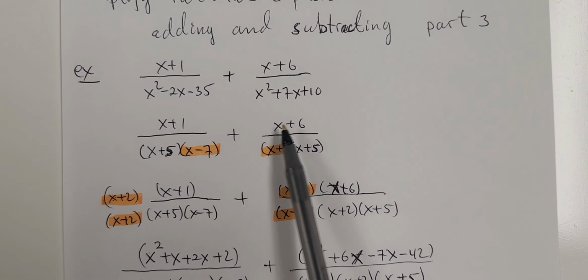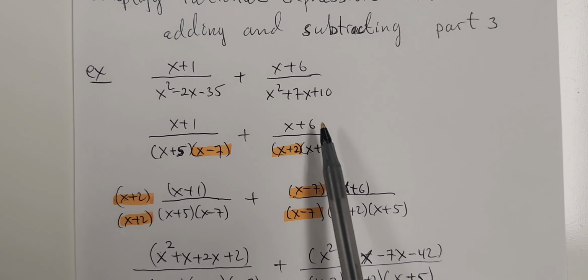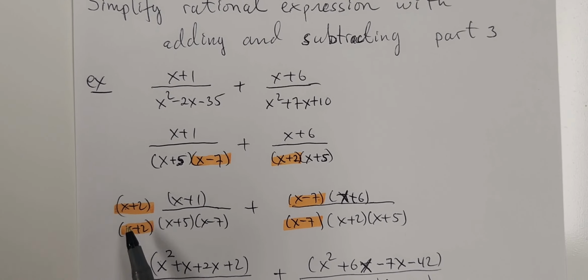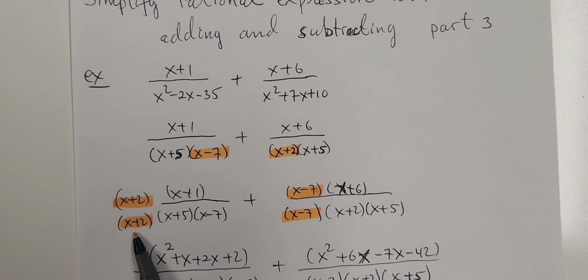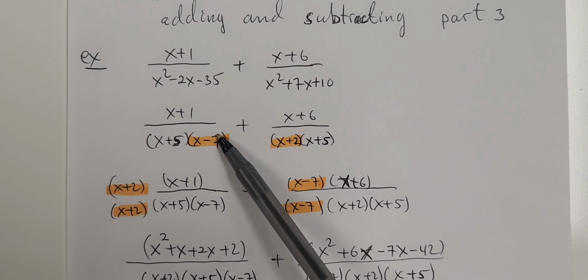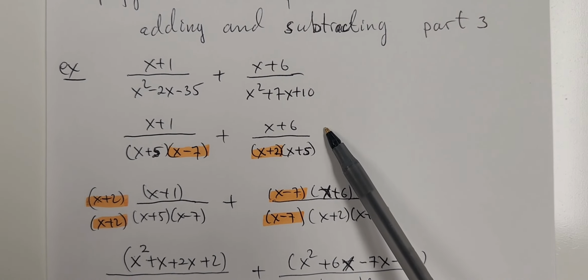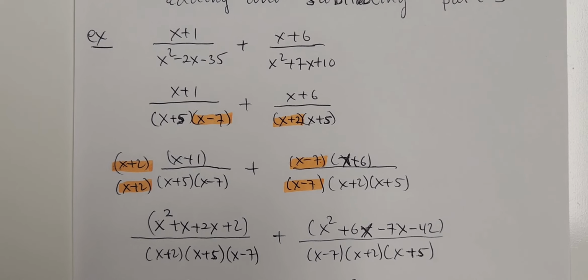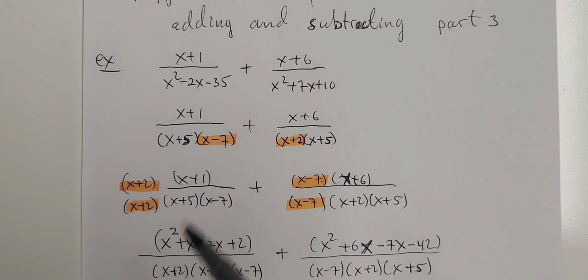X plus 2 is the extra piece on the right, multiply to the left, and that's what I have over here, top and bottom. So be very careful. Now once you take the extra and multiply to the opposite side, the rest is just multiply, combine like terms.